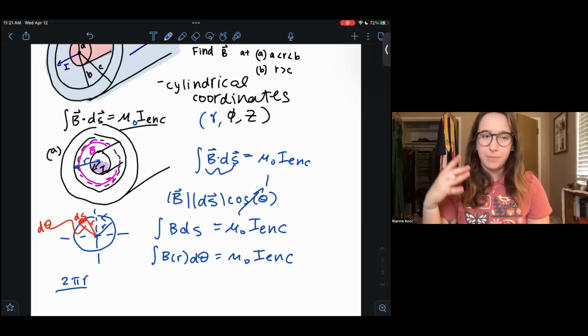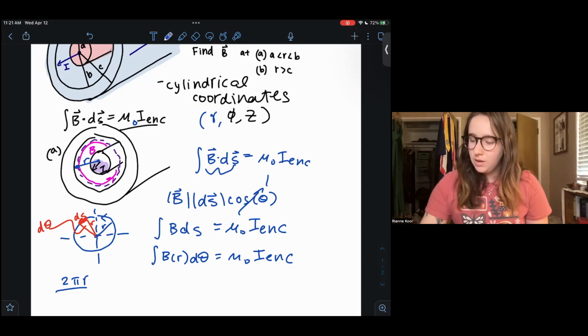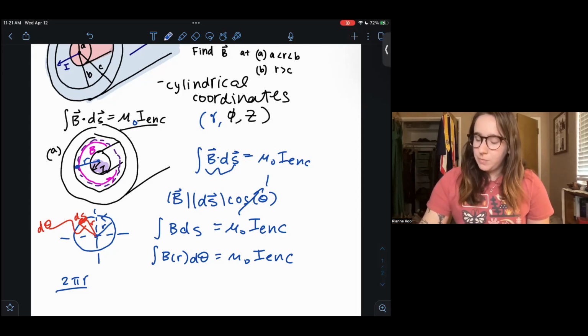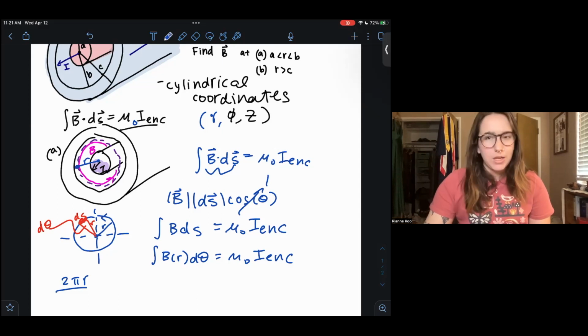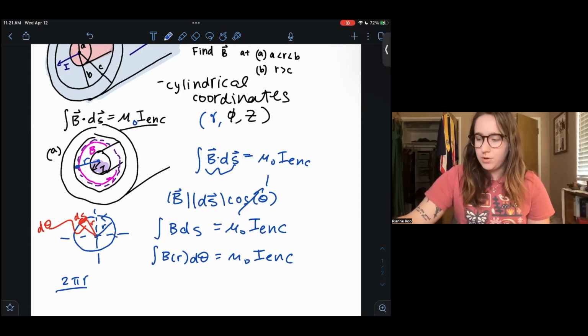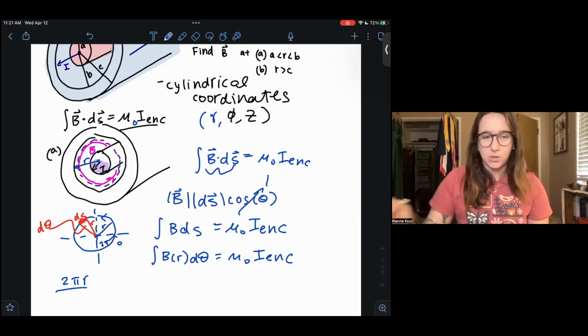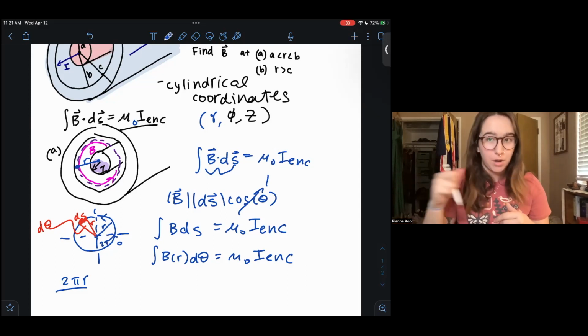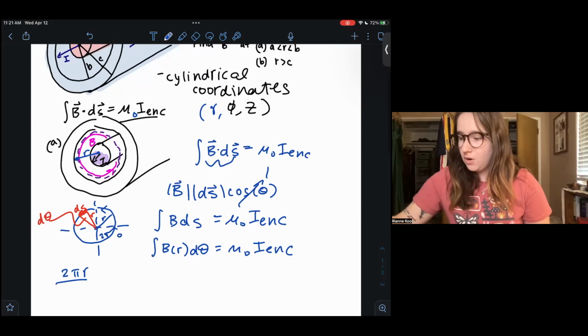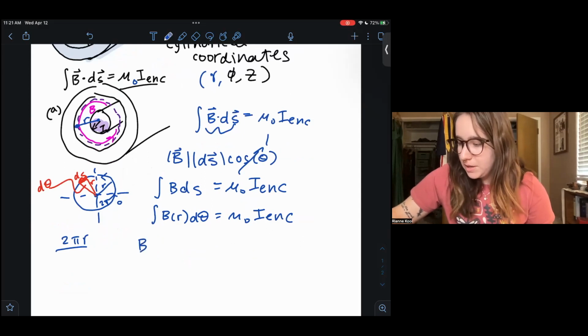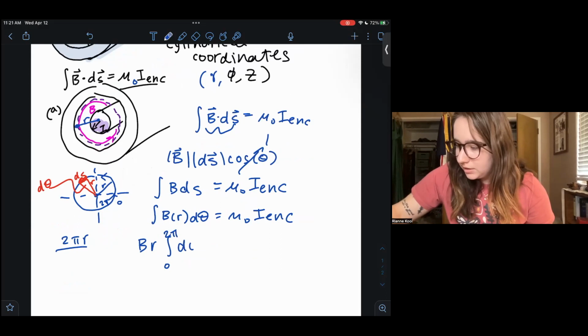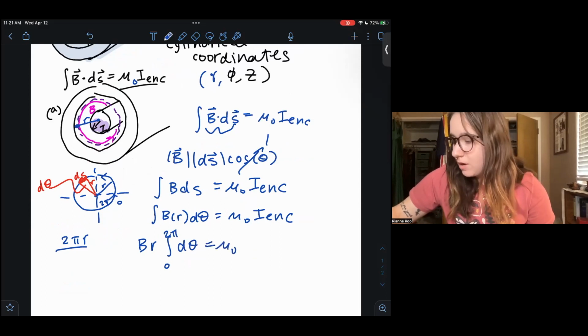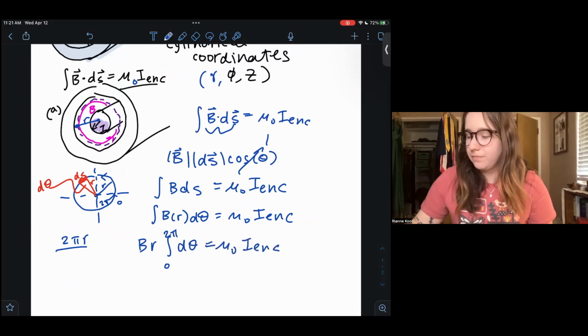We're just looking in pure coordinates now. So we can take the B and the r out, and now we have to decide our bounds. The easiest way to do this is to say that we're starting at 0 and we're ending at 2 pi because we're creating a full loop around this circle. So I'm going to rewrite this: B r integral from 0 to 2 pi d theta equals mu naught I enclosed.